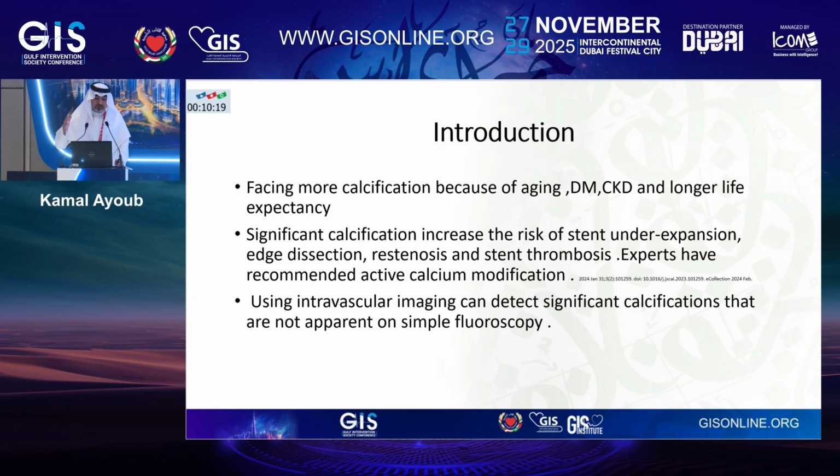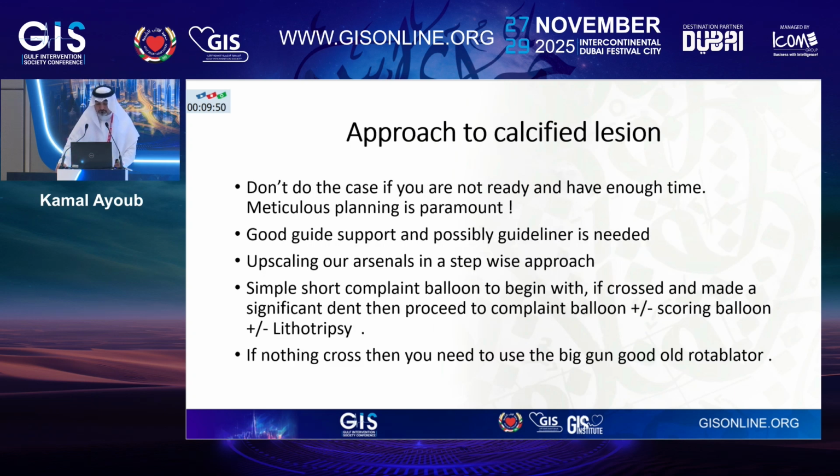Again, using intravascular imaging would also increase the gain of your detection and give you exactly what your calcium morphology in the vessel is. I'm going to leave this for the people doing intravascular ultrasound in this session after a few minutes.